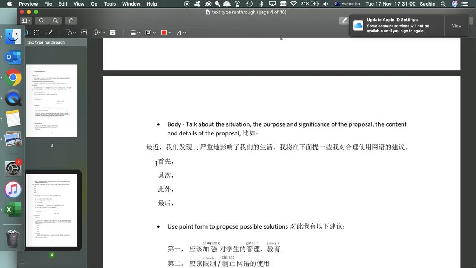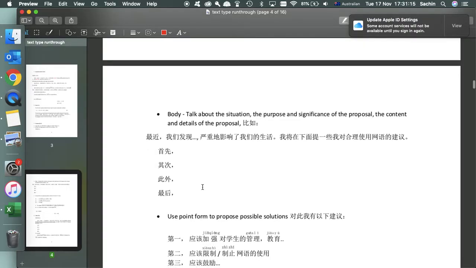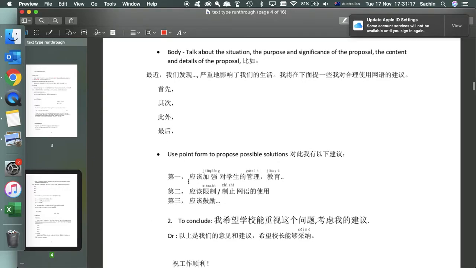And then you have your 首先其次此外最后. But this isn't where you give your suggestions or proposals. This is just talking about the issue at hand. Because when you're proposing your possible solutions, you actually go after that.